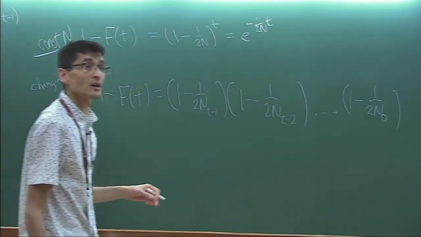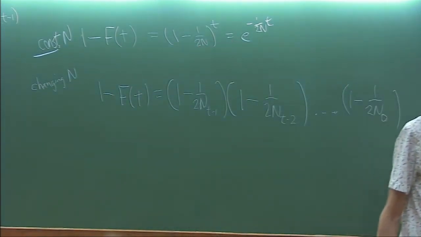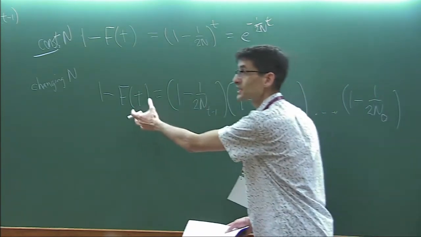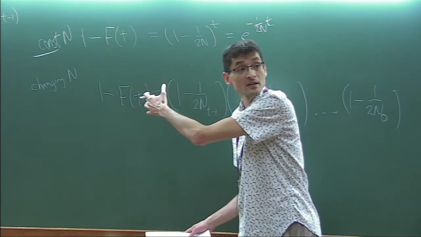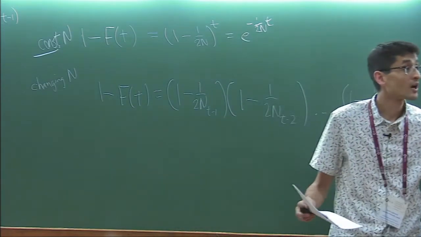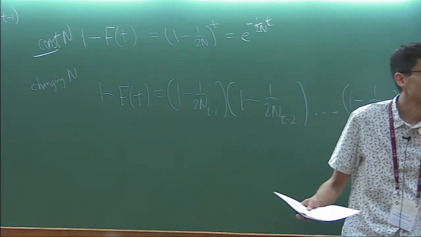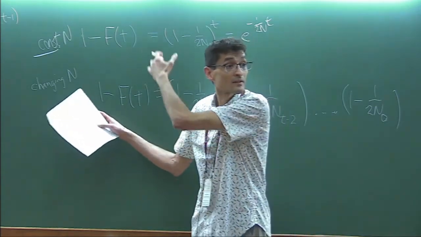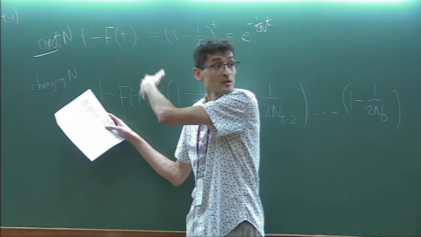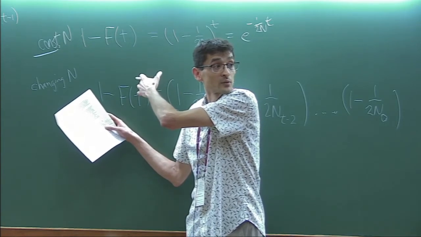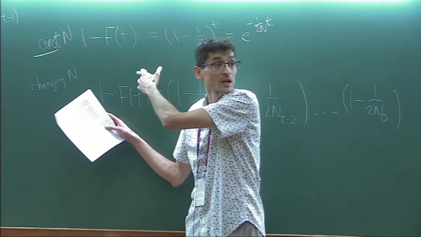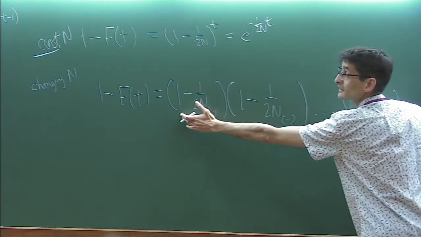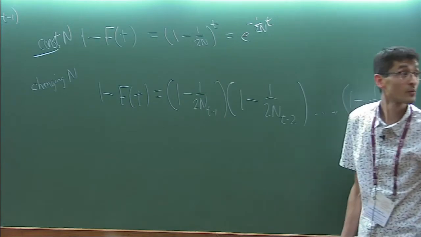So what we're going to try and ask now is, this real population that's changing in size is equivalent to an ideal population of what size to experience the same rate of inbreeding, of becoming identical. So in other words, we need this thing to equal this.